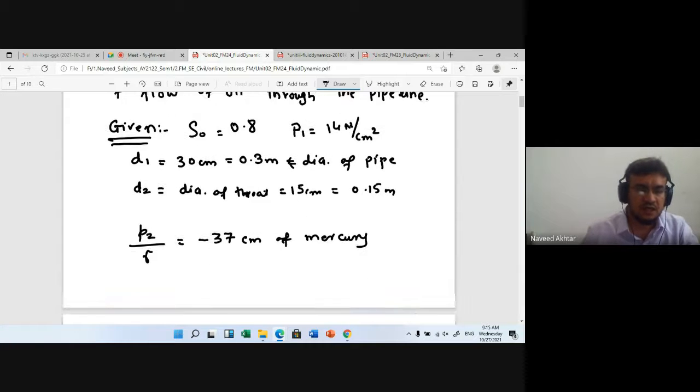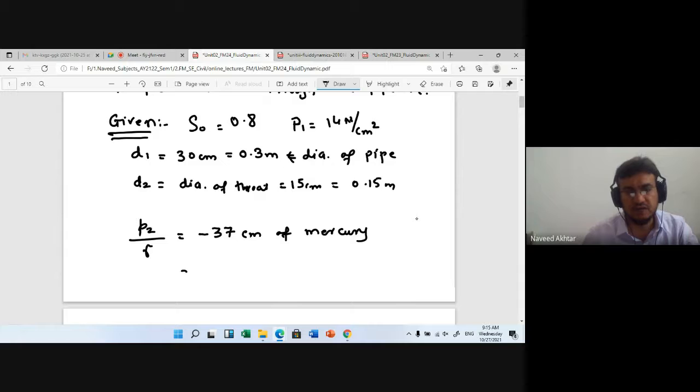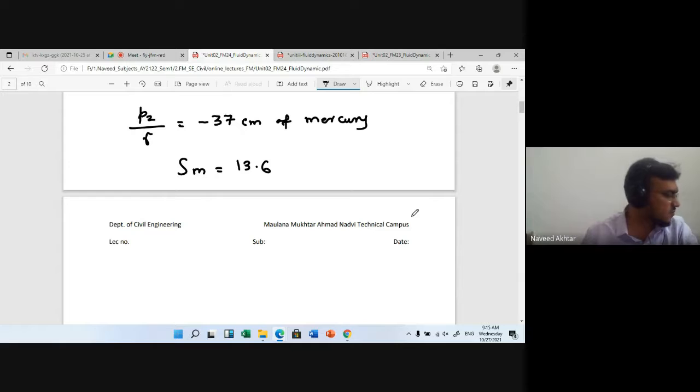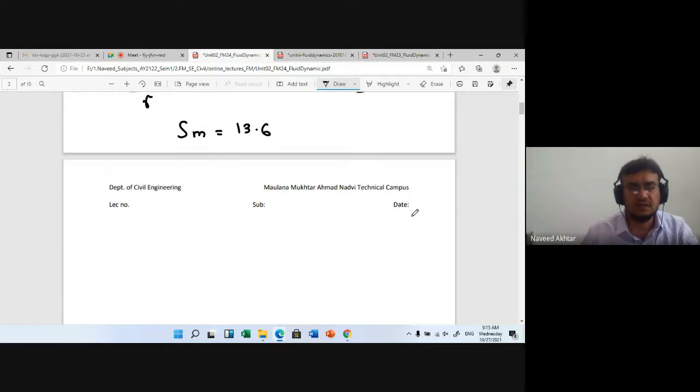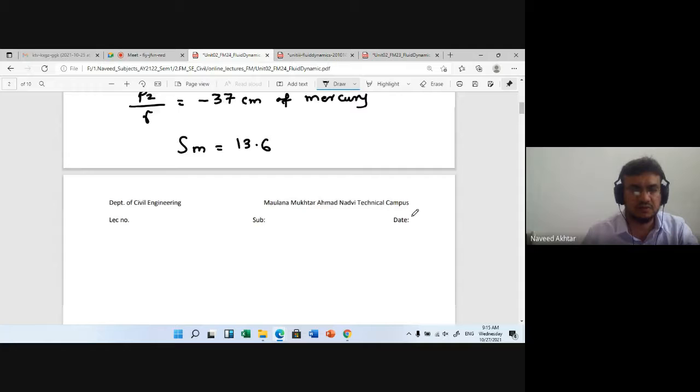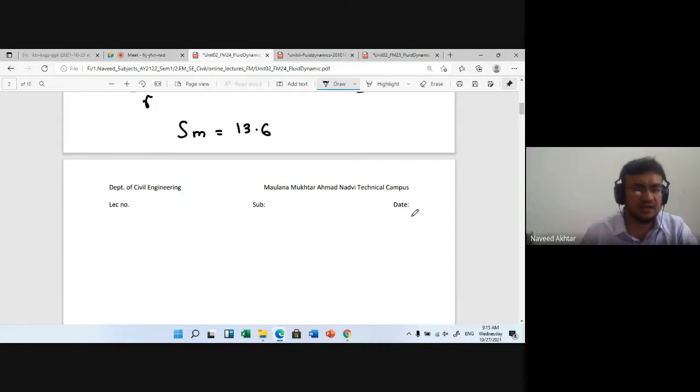You know the specific gravity of mercury is 13.6. The specific gravity of oil is given, and of mercury is given.